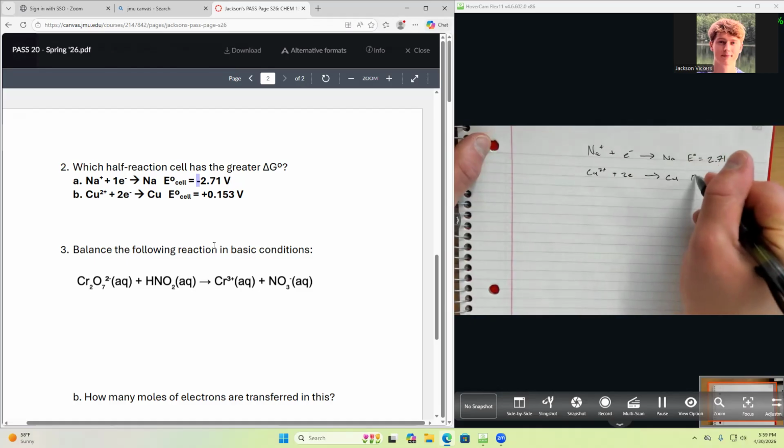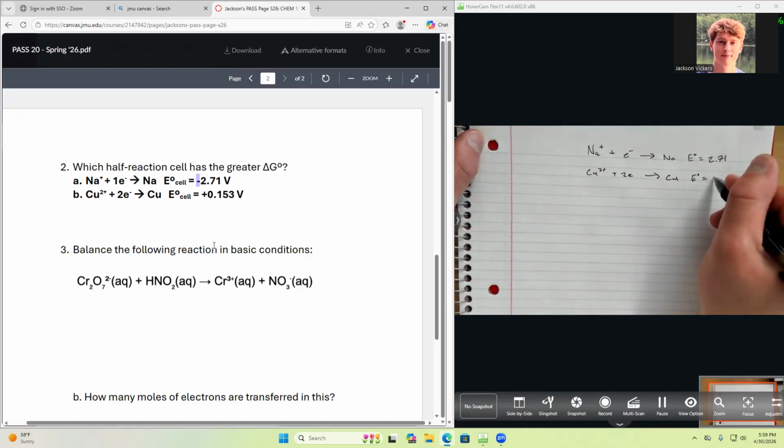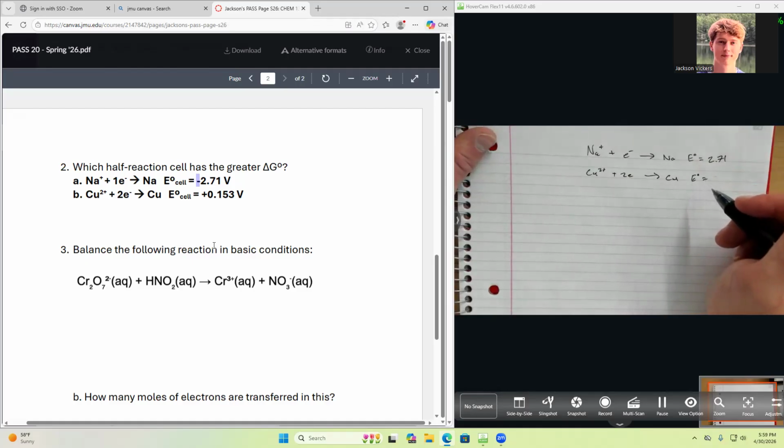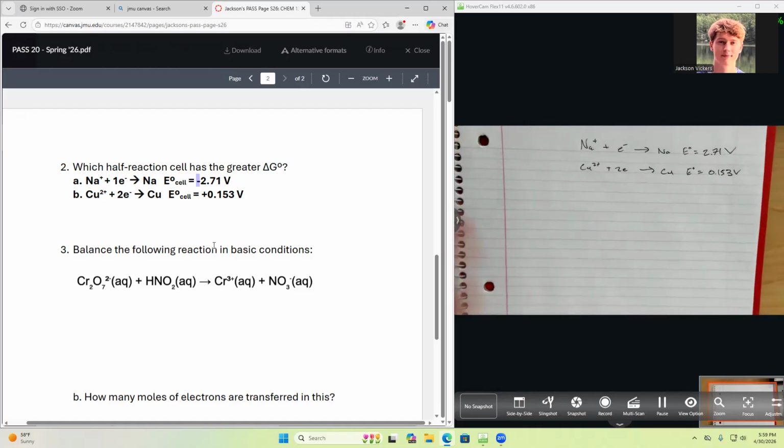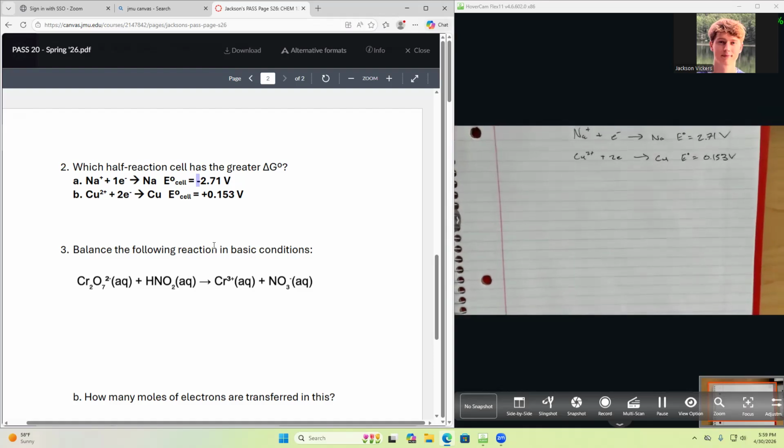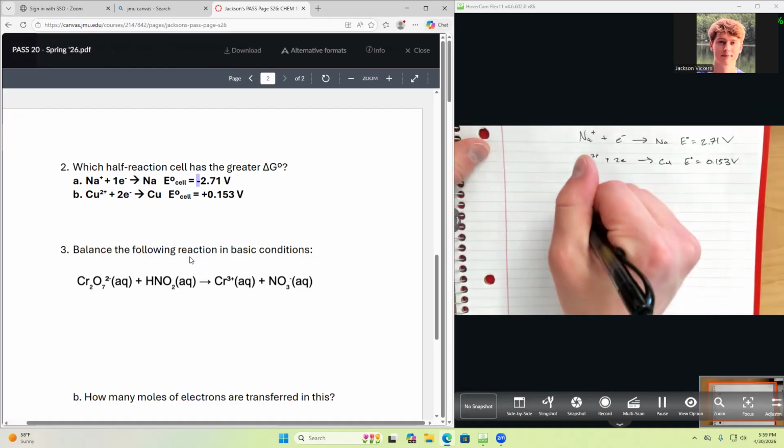And this is a little bit of a weird one because I'm giving you E standard cell, but only a half reaction. Normally it'd be more like the reduction potential, but let's ignore all of that. All I'm going to ask in this problem, and this type of thing you could see on your test, is a different way to apply this formula right here.